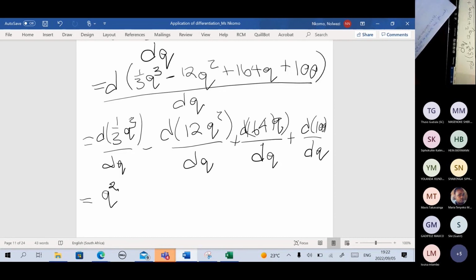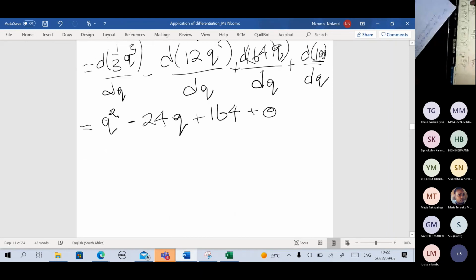And the derivative of 12Q squared is minus 24Q, right? And the derivative of 164Q is plus 164. And 100 is a constant, and the derivative of a constant is 0, right?